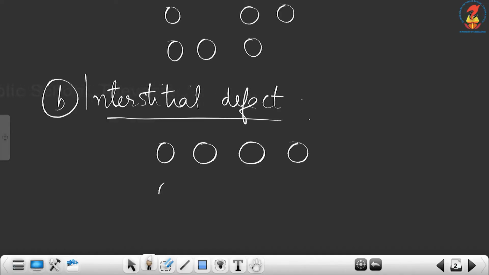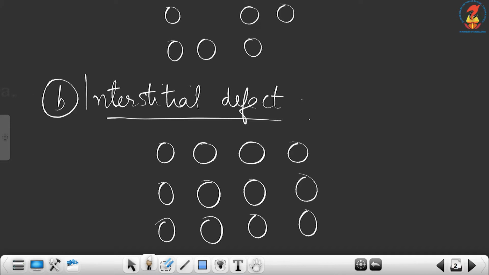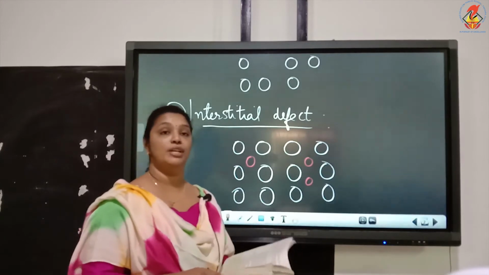These are the constituent particles. Interstitial defect means some constituent particles occupy interstitial sites. So, these are the interstitial sites. If there are constituent particles in the interstitial sites, we call this defect an interstitial defect.